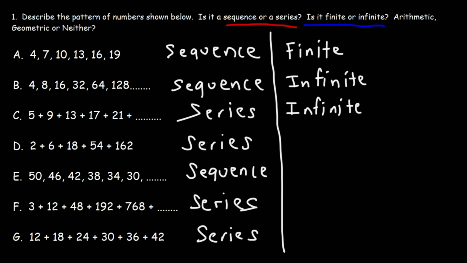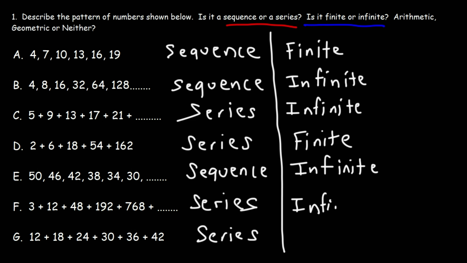This ends at 162, so it's finite, so we have a finite series. This is going to be an infinite sequence. Next, we have an infinite series. And the last one is a finite series.